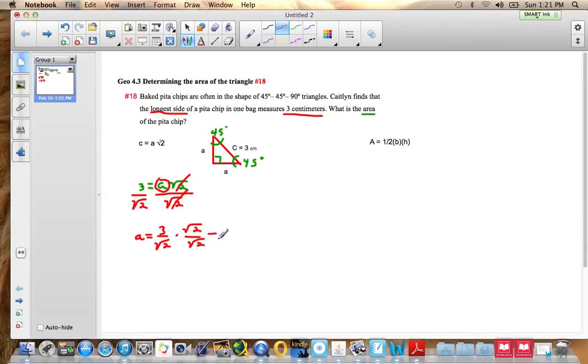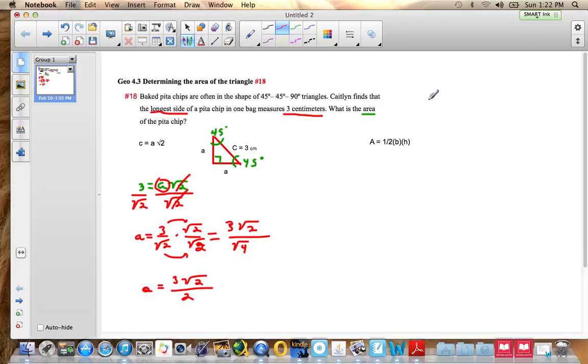When I work this out, my 3 times the square root of 2, 3 square root of 2, over the square root of 2 times the square root of 2, square root of 4, leaving me with A equaling 3 times the square root of 2 over 2, because the square root of 4 is 2.